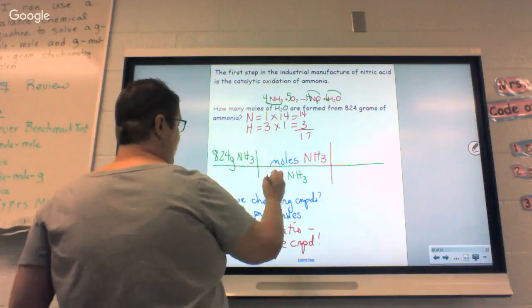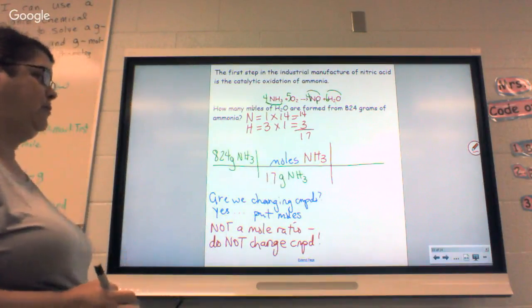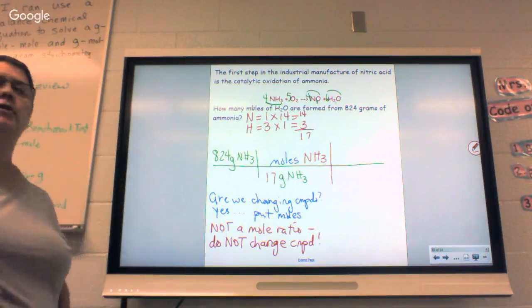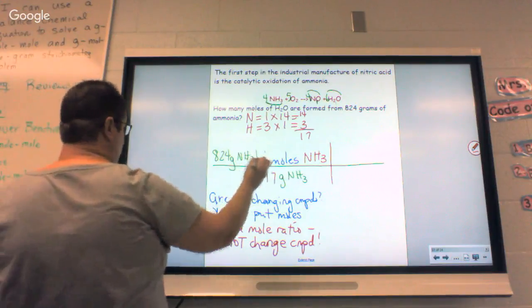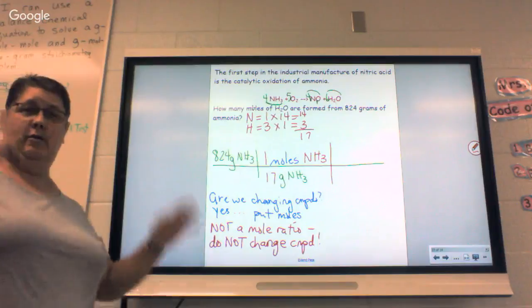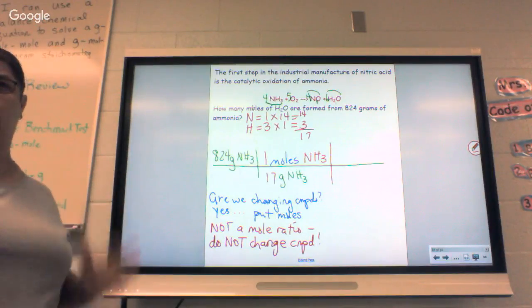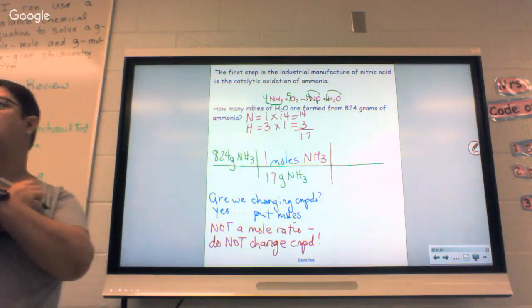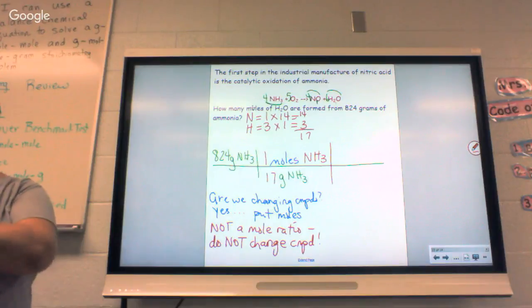So I put 17. All right, what do I always put when I go moles to grams? I'm putting the 1 there for moles. Doesn't matter what the coefficient is in front of NH3, moles always gets the 1 when you go moles to grams. That's that old conversion y'all were doing on the benchmark, right?